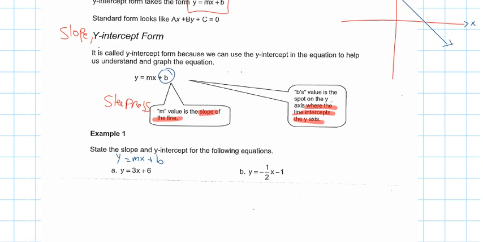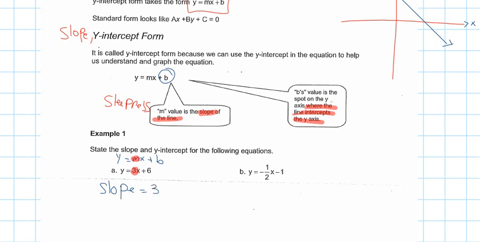What does m equal to in that equation? 3. Right? So m and 3, they're equal to each other. In this case, that means your slope, because we said that m is the slope of the line. So that means the slope is equal to 3.